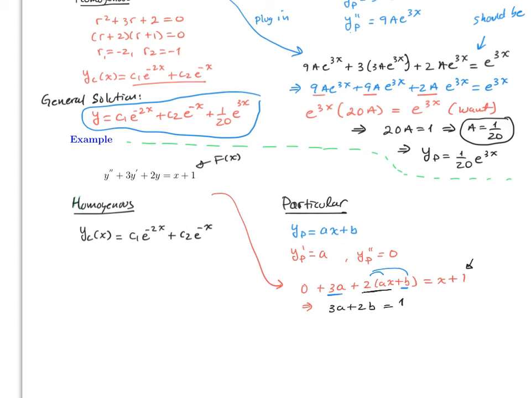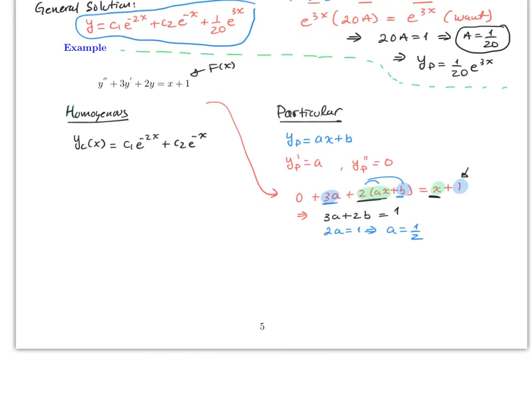And then the 2ax should match this one. Okay, that's what I mean. So this should match this, and this should match that one. So therefore that means that 2a should equal 1. So that means that a is equal to 1/2.